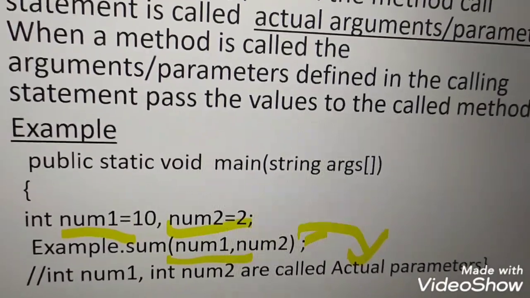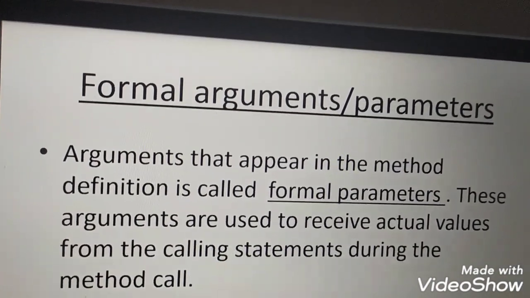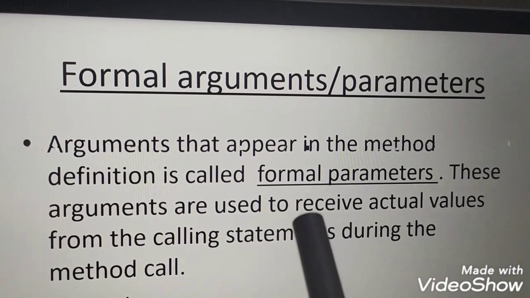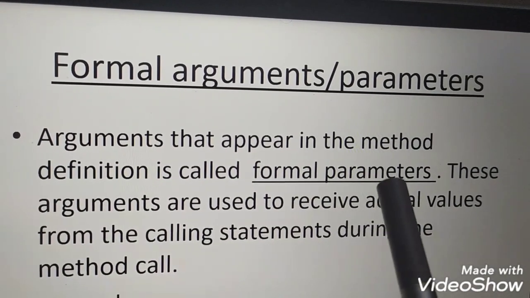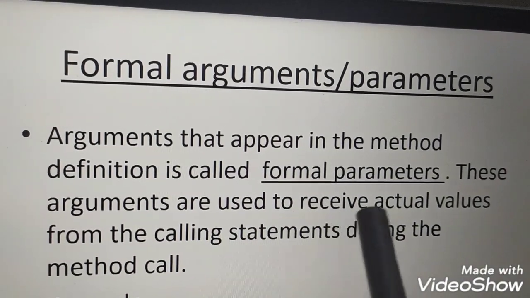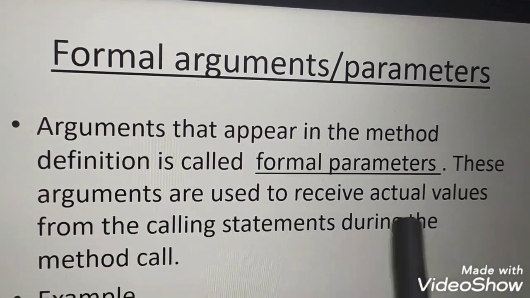Now just look at the formal parameter. The arguments that appear in the method definition, or in the header or in the prototype, are known as formal parameters. These arguments are used to receive the actual value from the calling statement during the method call.